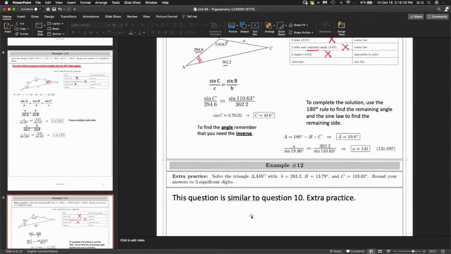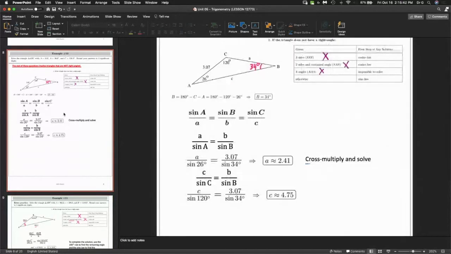Okay, so I should say this example. For the sine law, the ratio can be reversed. Yes, you can always reverse the ratio because the equation, you can write it upside down or right side up. So you can always write the sine law upside down. So if I go back here, see this thing here? I'll just write it beside it.